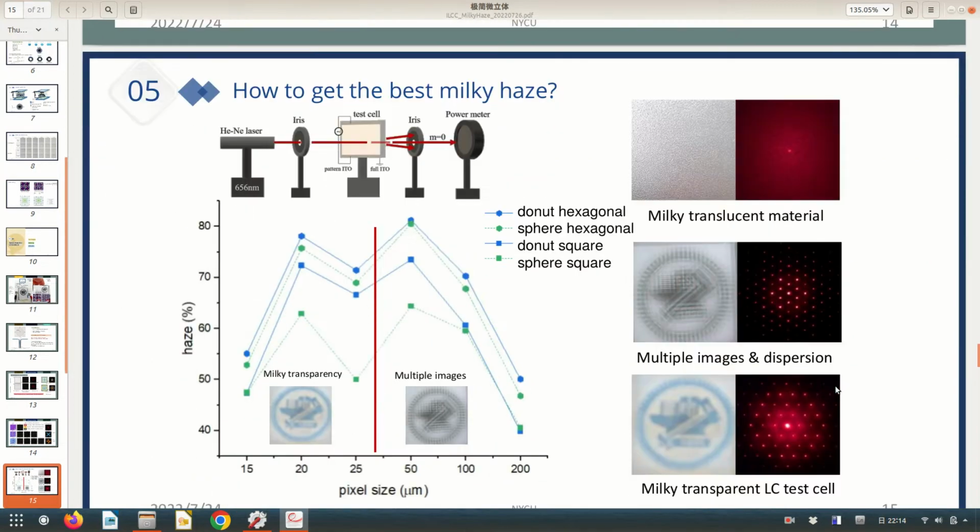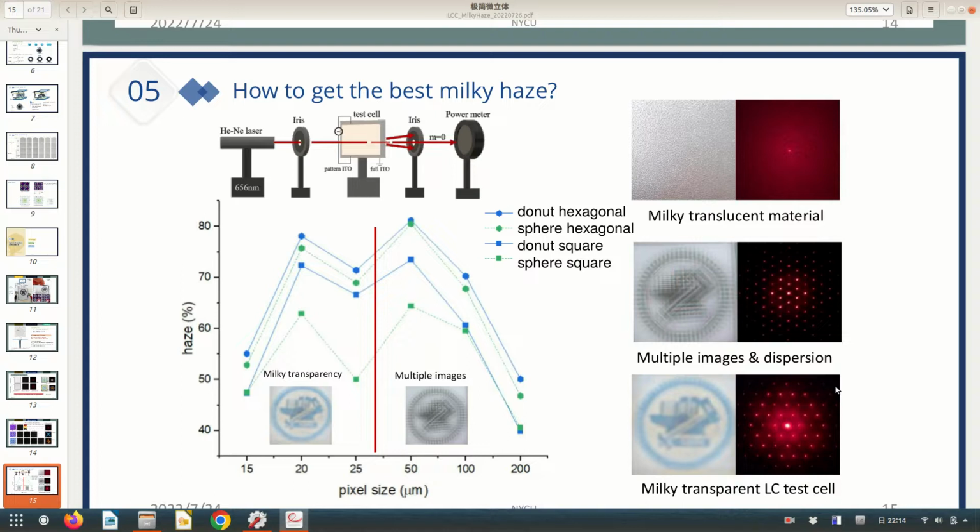Okay, so finally we come to the most important question: how to get the best milky haze. We take the test cells to a professional lab to measure the haze, and generally haze is defined as what percentage of the light is away from the original beam.